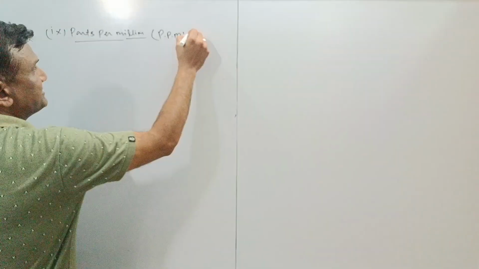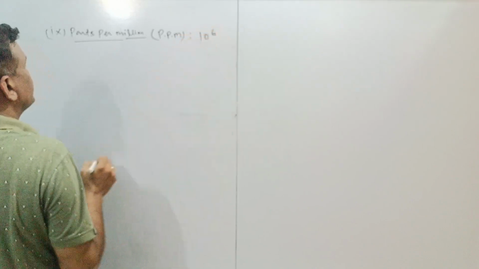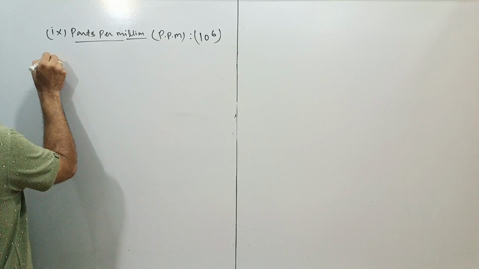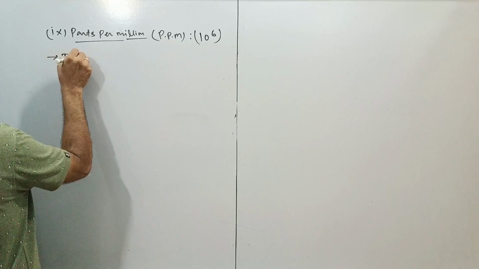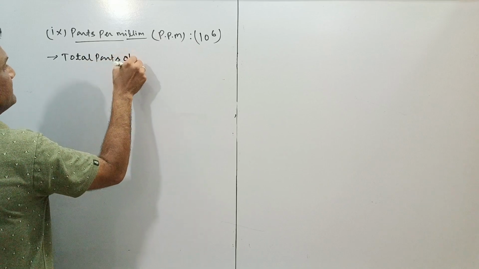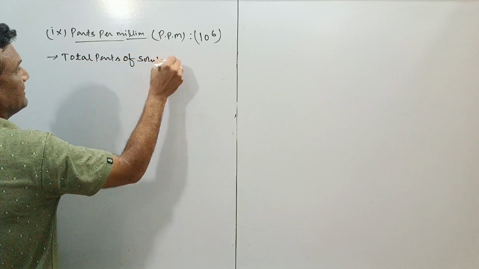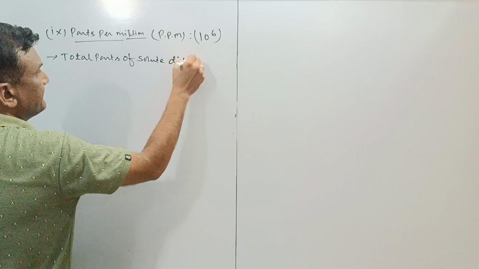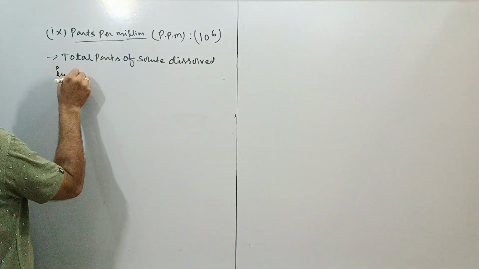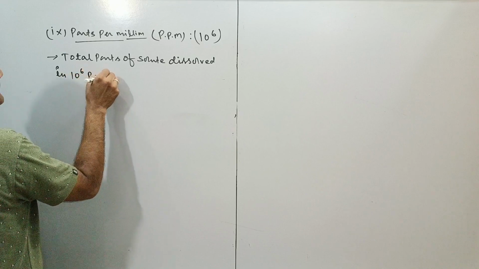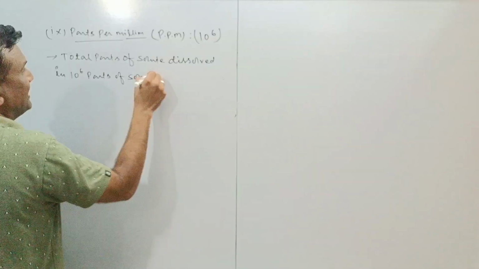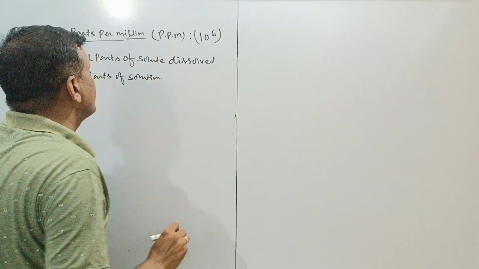Million means 10 to the power 6, so you can say 10 lakh also. So you will say total parts of solute dissolved in 10 to the power 6 parts of solution is called parts per million.